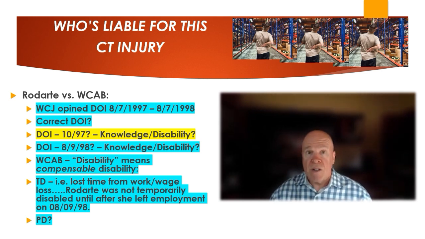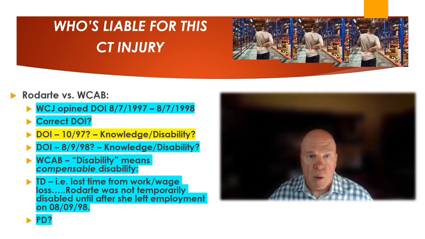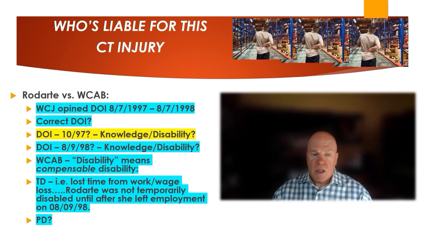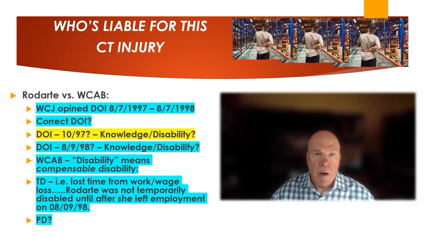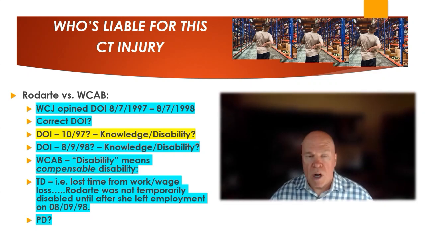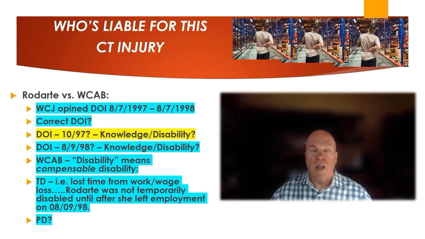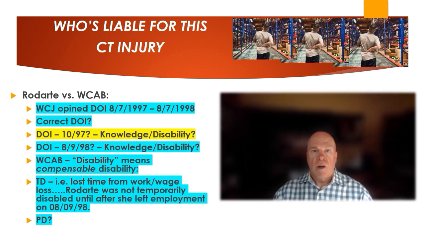So we get these types of cases all the time where there is no documented temporary disability, but the WCAB ruled that Rodarty was temporarily disabled after she left the employment. That became the wage loss period. And specifically with regards to Rodarty, she said that she would have continued working. She wanted to continue working, but she was terminated because she was on modified work duties and she could not do the duties for which she was hired.